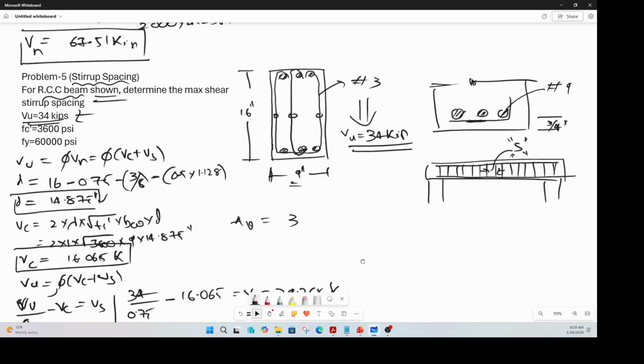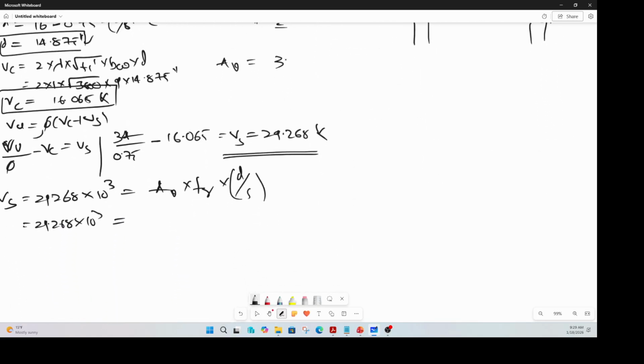Okay, 3 bars. So your Av is nothing but 3 times the area of number 3 bar, pi times 3 by 8 squared by 4, that is roughly 0.11. So 0.331, times 60 times 10 cube.